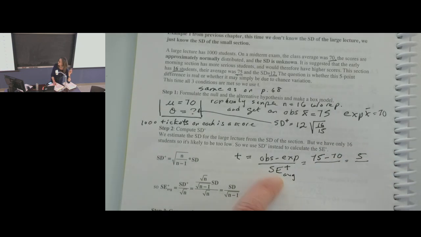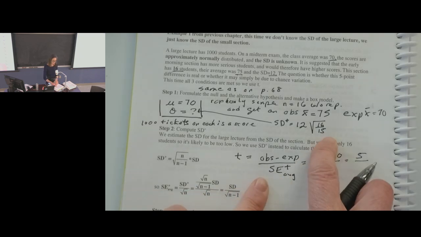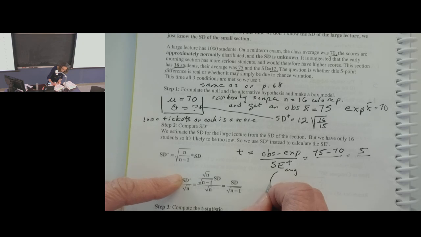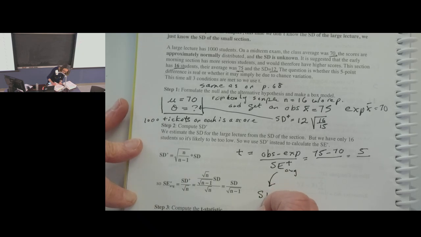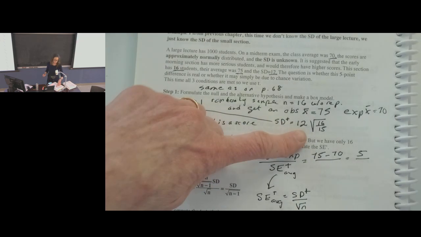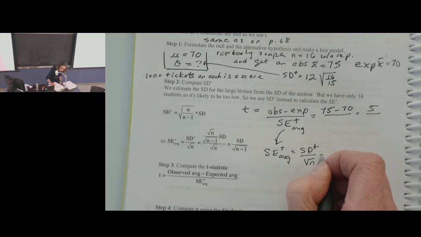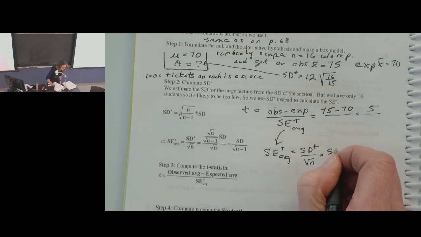So that is the same. Now, how are we going to change this? We could calculate this out and then divide by, let's just write it down here so you remember. So we have SE plus average. Now, easiest way probably to remember it is doing this over the square root of n. That's fine. But it's kind of easier, that's the same exact thing as doing SD over the square root of n minus 1.